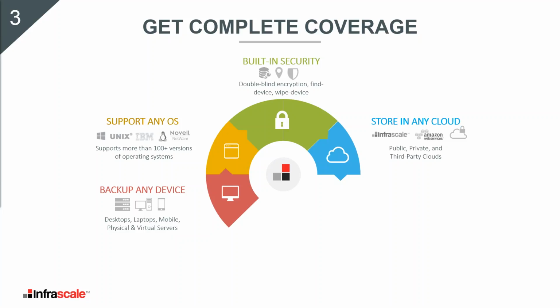If you're working with Amazon Web Services, AWS, or Windows Azure, if you have your own infrastructure and you're looking for private cloud deployment, or if you're looking to store in an Infrascale cloud, we have global data centers located in 16 globally diverse locations throughout the world.